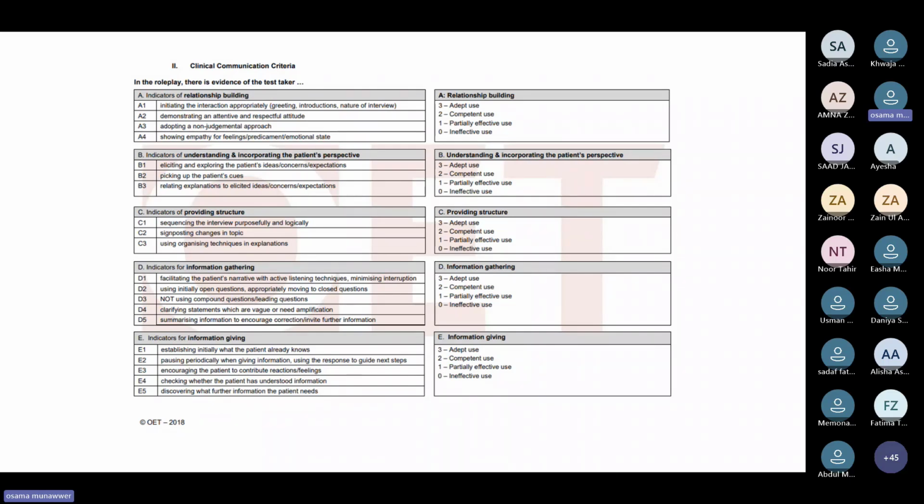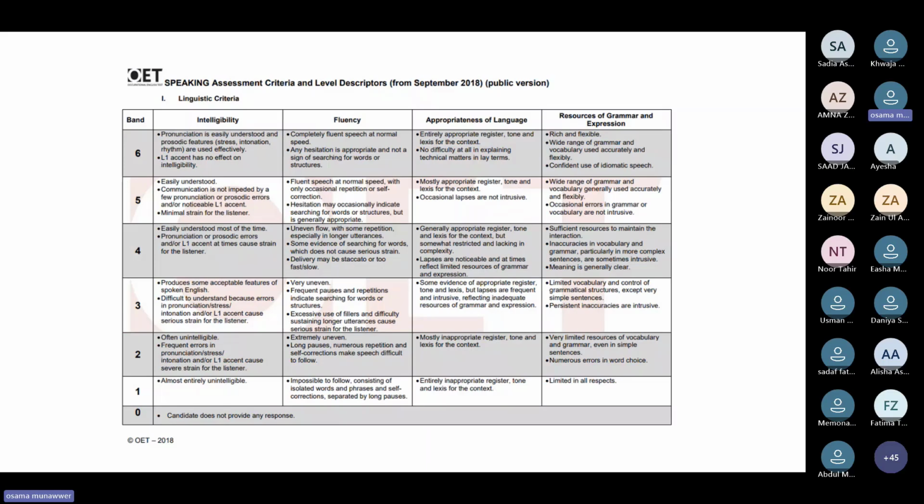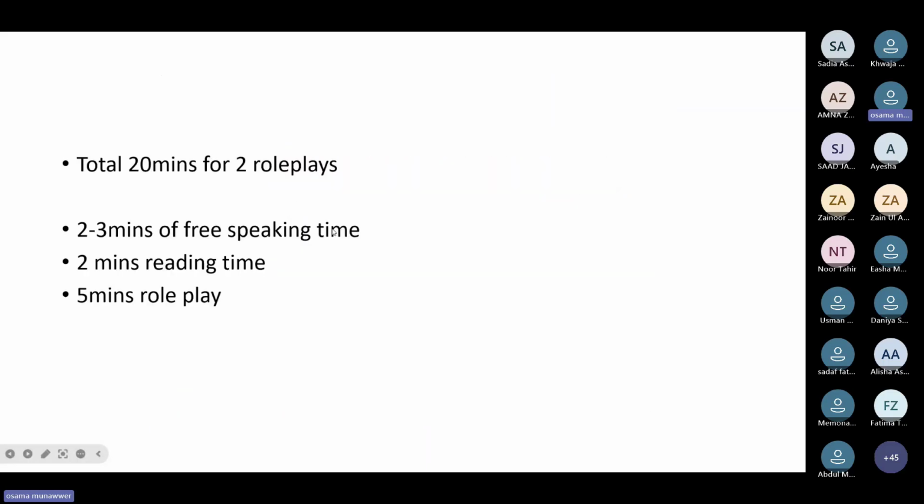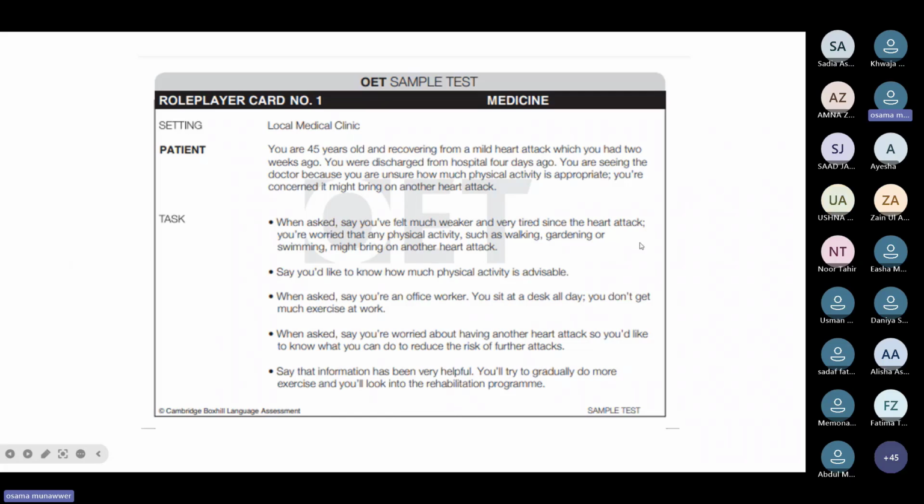C may have providing structure, sequencing the interview purposely and logically, signposting, changing topic, using organizing technique and explanation. So make sure you go in a sequential order, make sure you go in a flow. It usually works this way: you asked for the reason, and then the patient looks at their card and tells you, okay, you know, when you, say, asked some question, then the next point will be theirs, it's going to be the reply to your question.